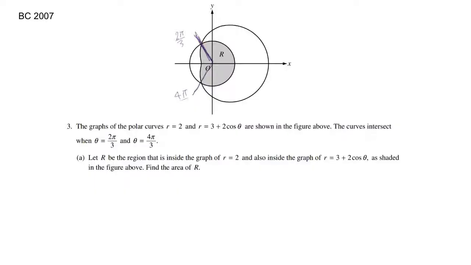Okay, and notice that we are given a polar graph, aren't we? r equals 3 plus 2 cosine theta, and r equals 2. And again, remember the r equals 2 is a circle.